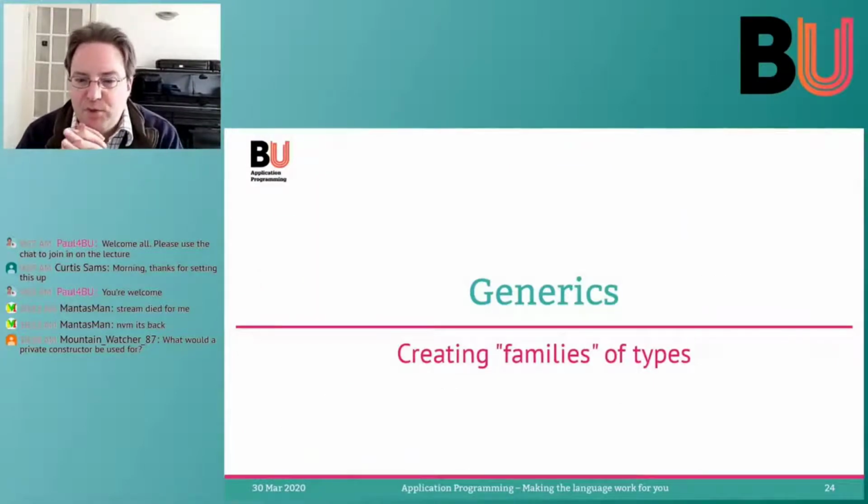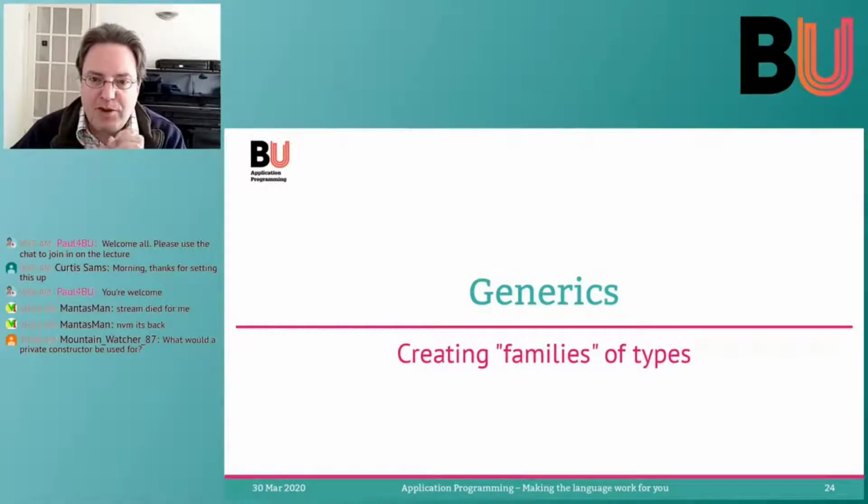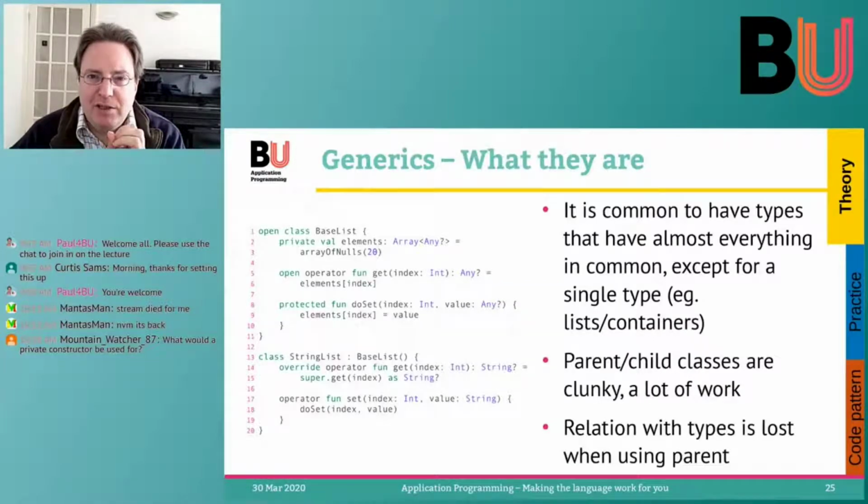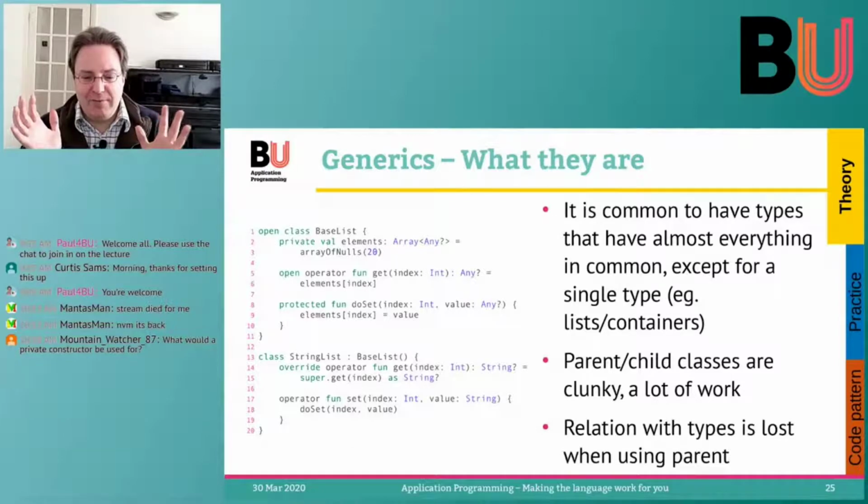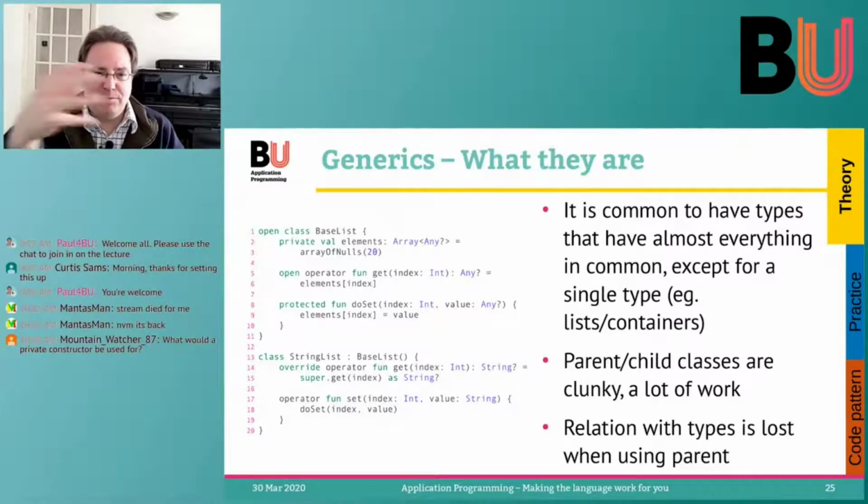Then generics. So what are generics about? Generics are about the ability to create a family of types. Officially it's called a dependent type. So you have a type that's dependent on parameters.